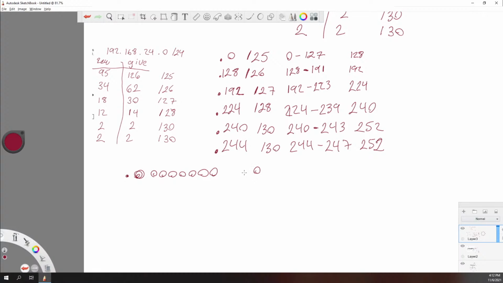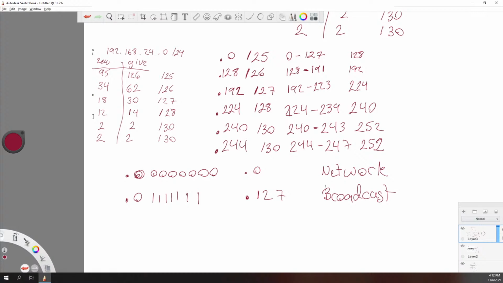So obviously we already know it's a 0, but if we set our network a 0 and we set all of the other bits as 1, we go 1, 2, 3, 4, 5, 6, 7. This becomes 127. So this one is our broadcast, and this one is our network.